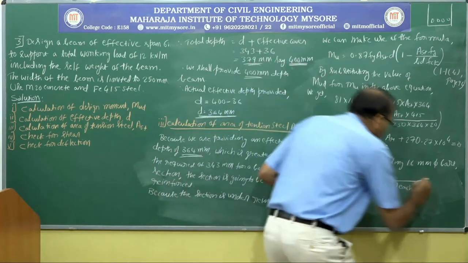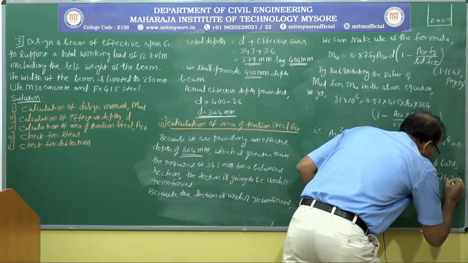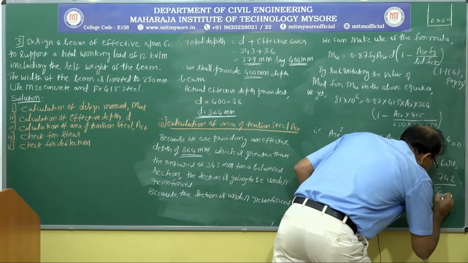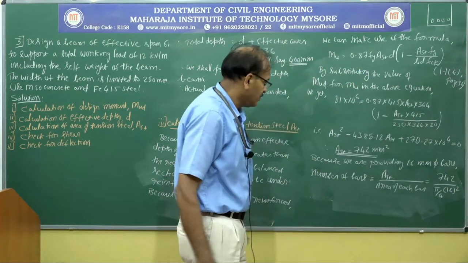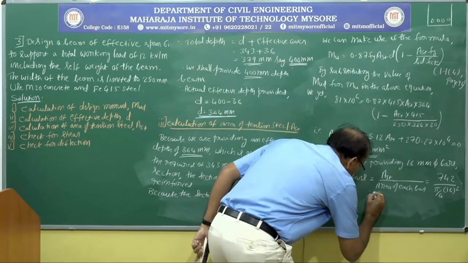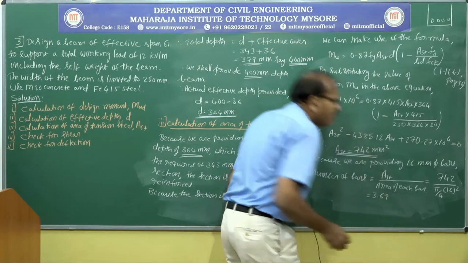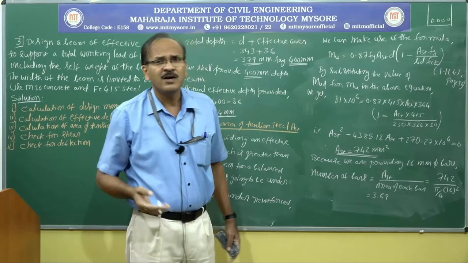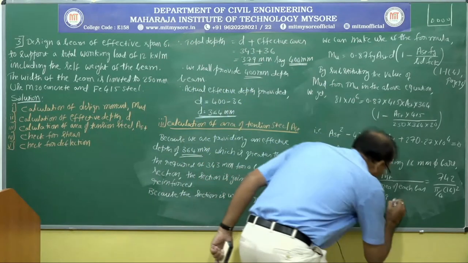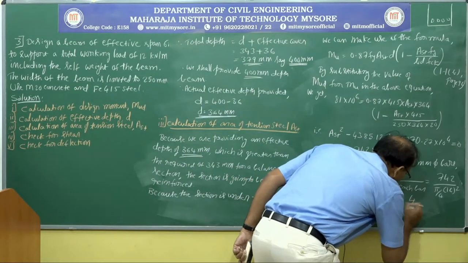That is equal to 742 divided by the area of each bar, which is pi by 4 times 16 square. So number of bars is 3.69. Of course, we cannot provide 3.69 bars. Instead, we go ahead and provide 4 bars.